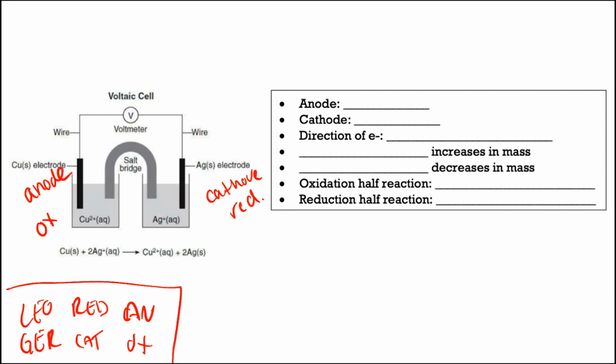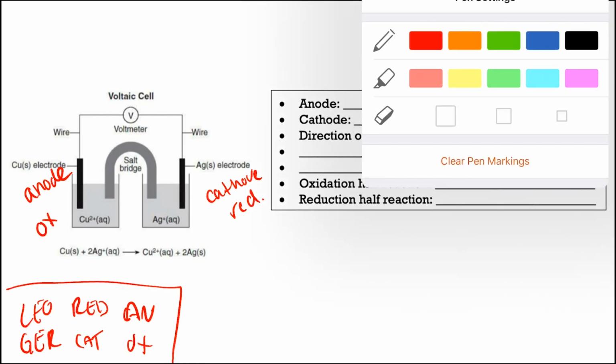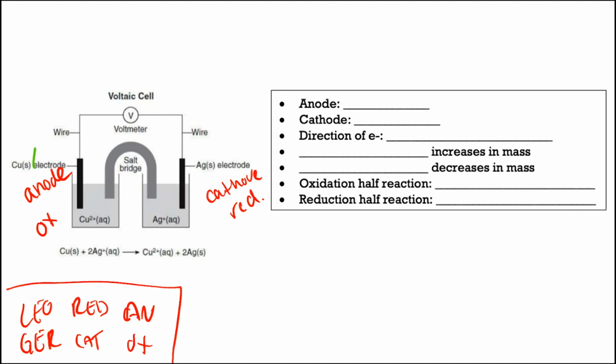So we can answer the first, and then before we even jump into questions, we know electrons go anode to cathode. Okay, so the anode is copper. The cathode is going to be our silver. And then the direction of electrons are from copper to silver. And again, that's anode to cathode.